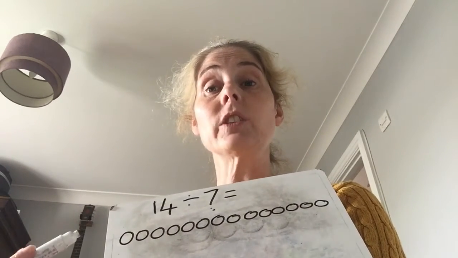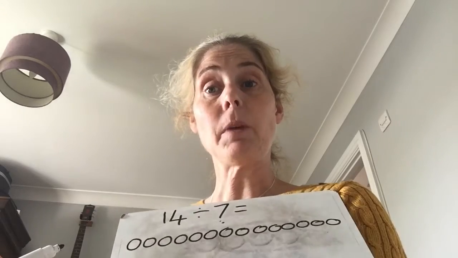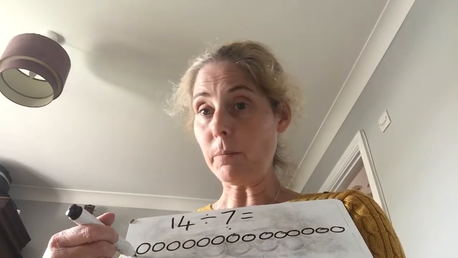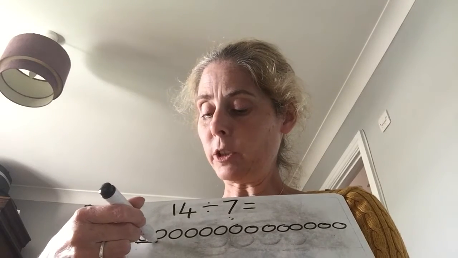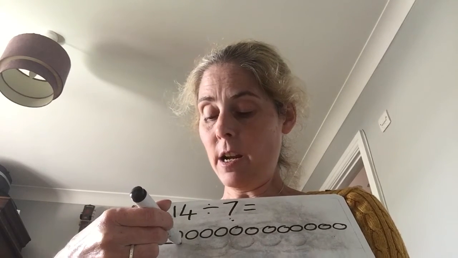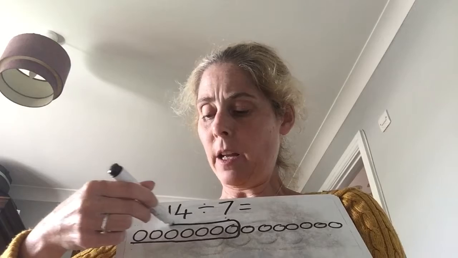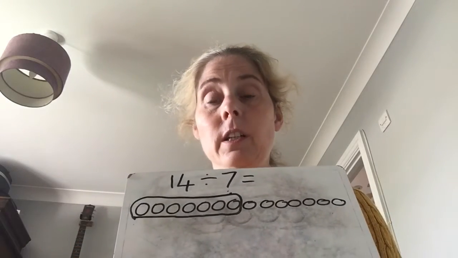Now I look at this second number, 7. So I know that I've got to have 7 in each of my groups. So I'm going to go along the bottom. It's easier to start here and go along the bottom. And you go 1, 2, 3, 4, 5, 6, 7. Once I get to that 7th one, I group it off.